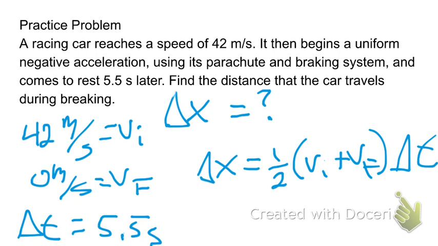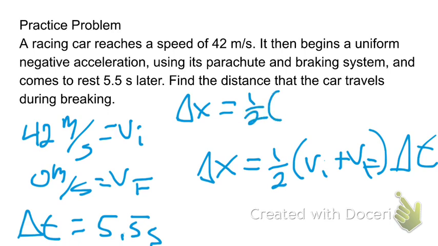So we're going to go ahead and sub in the numbers we know. 1/2 of velocity initial, which is 42 meters per second. I'm going to just leave out the velocity final because we know it's 0 meters per second, so that's not going to affect our end result, and the change in time was 5.5 seconds.